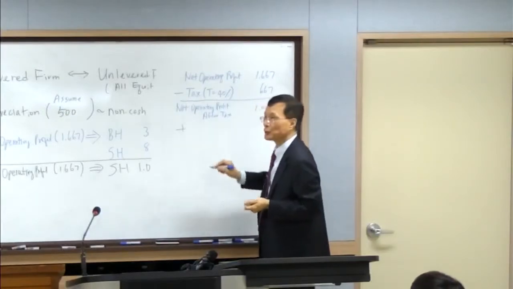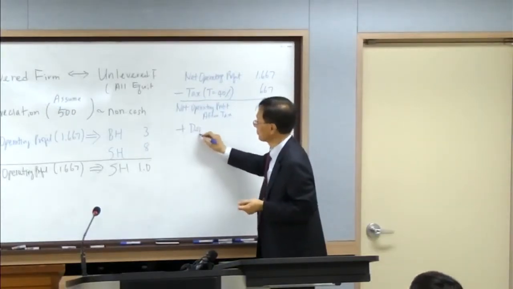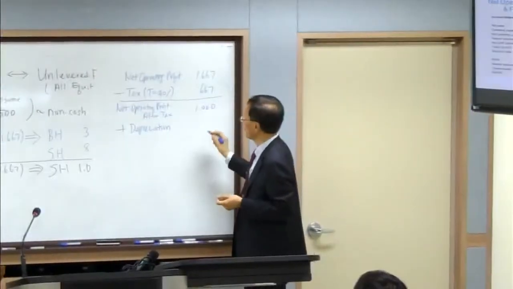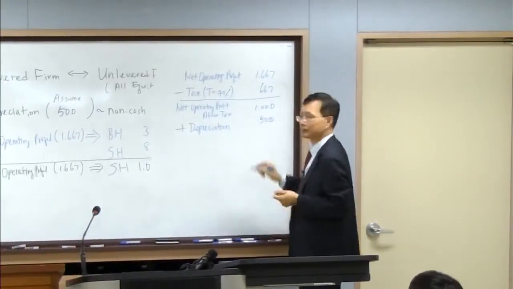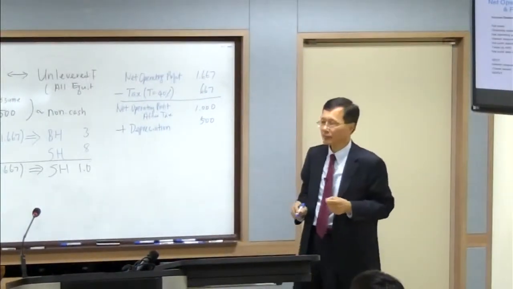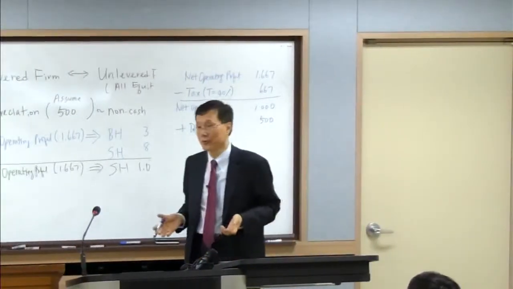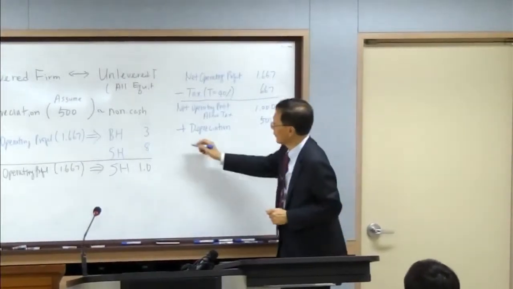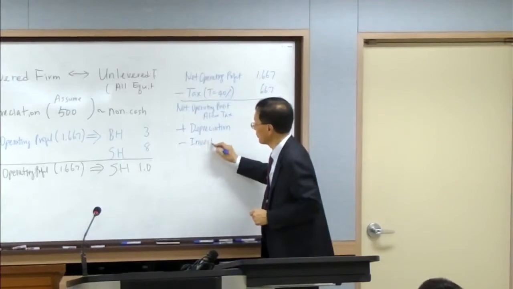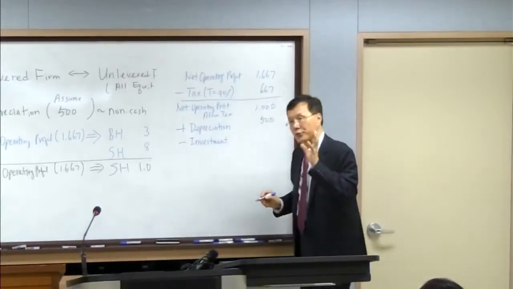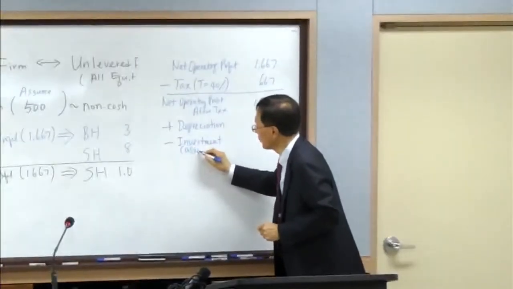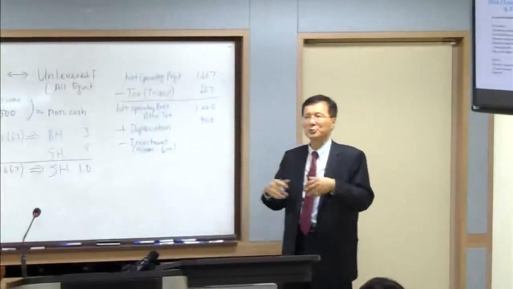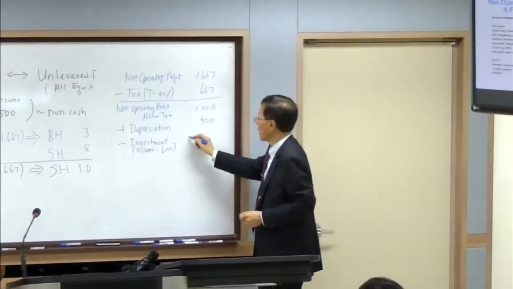In order to find cash flows, we add depreciation. Add depreciation of 500. And the company will have to invest in order to operate. So, investment. Let us assume that investment is 600. 600 is being invested, so subtract 600.